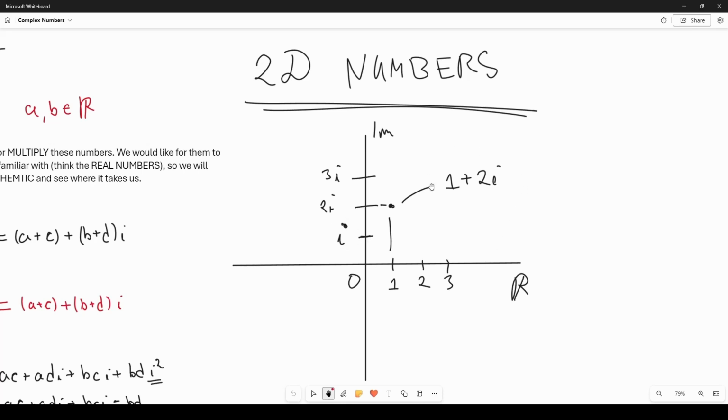And now, for example, if we have the complex number 1 plus 2i, well, 1 is its real part, so we go 1 unit to the right, and 2 is its imaginary part, so we go 2 units up, and we land at this point over here, which corresponds to this complex number. So complex numbers are two-dimensional numbers.